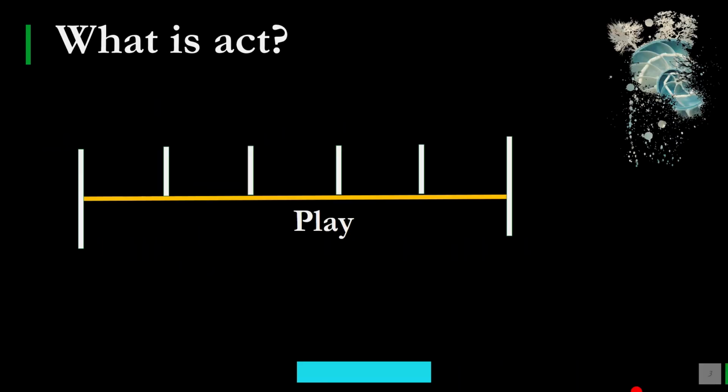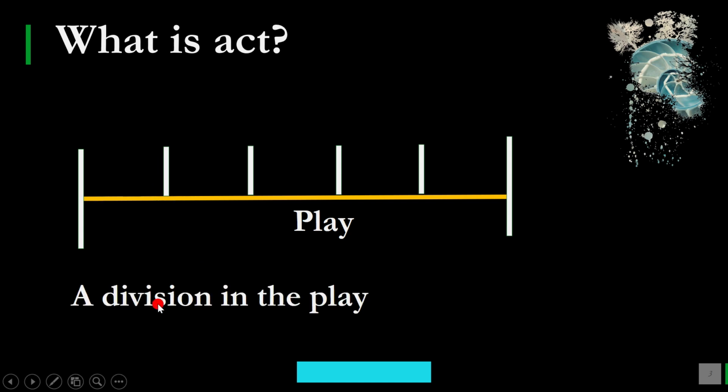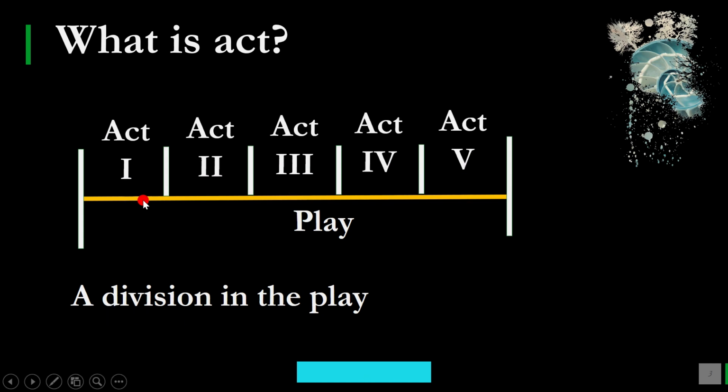Here you can see, just consider this is a play, and this play starts from here and ends here. You can see there is division. What is act? Act is nothing but the division in the play. So here you can see this is the division made, and this division is called act.